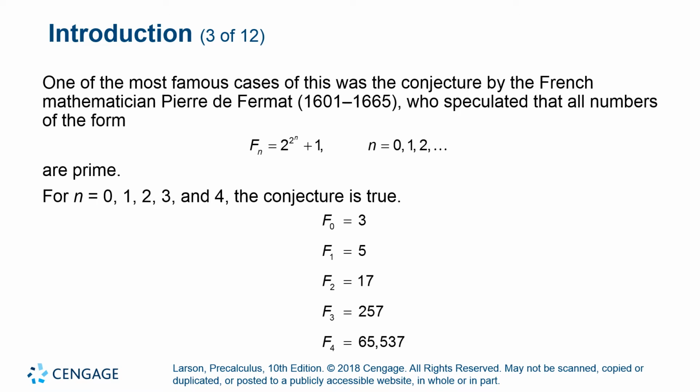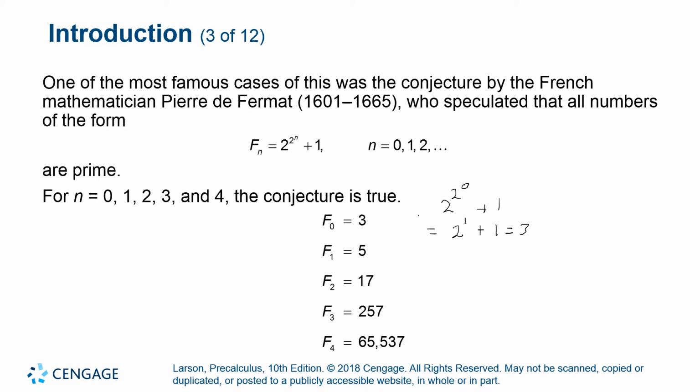Notice when n is equal to 0, we get 2 to the power 2 to the power 0, plus 1, which equals 2 to the power 1 plus 1, which equals 3. So that is a prime number.